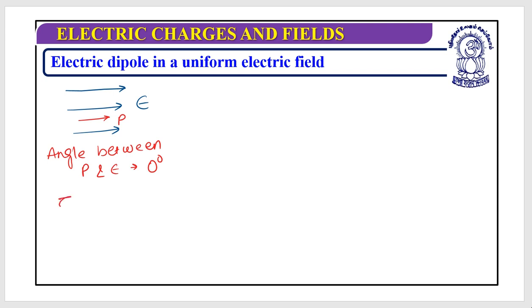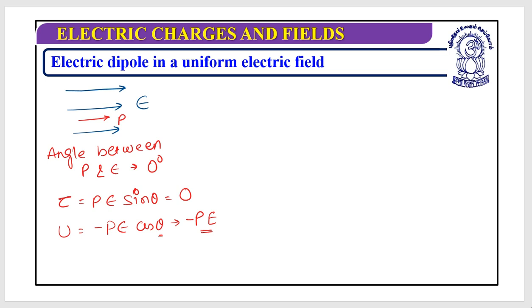So what is torque? Remember, torque equals PE sine theta. This would be 0, as sine 0 is 0. And what would be the potential energy? It was minus PE cos theta, and as theta is 0 degree, cos 0 is 1. So this is minus P into E.